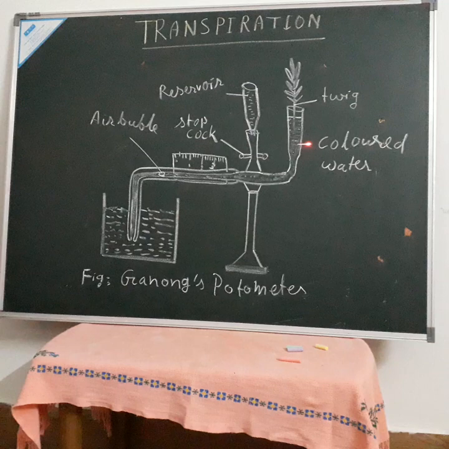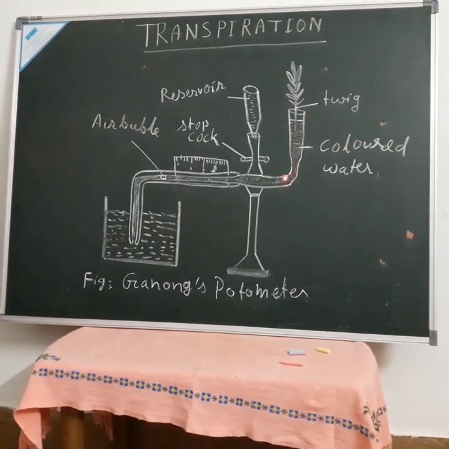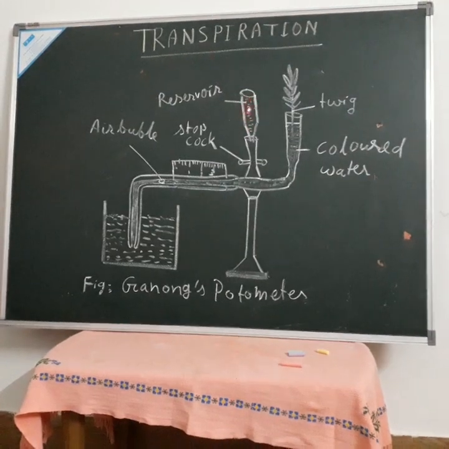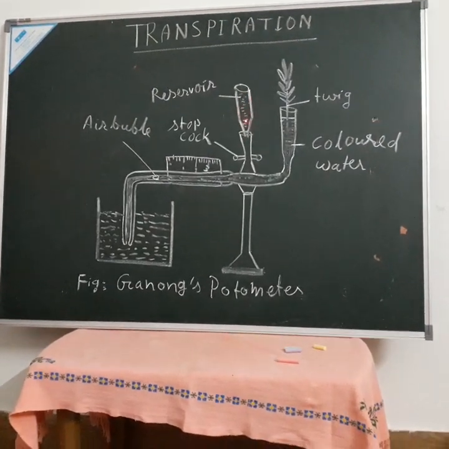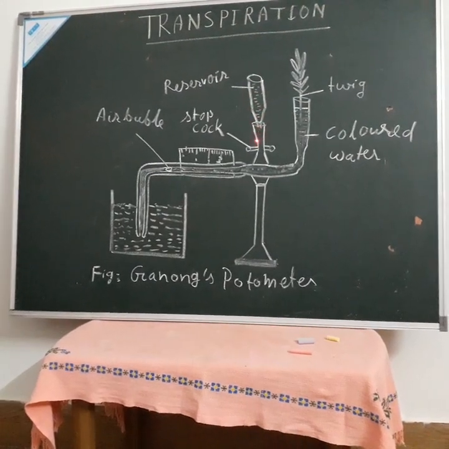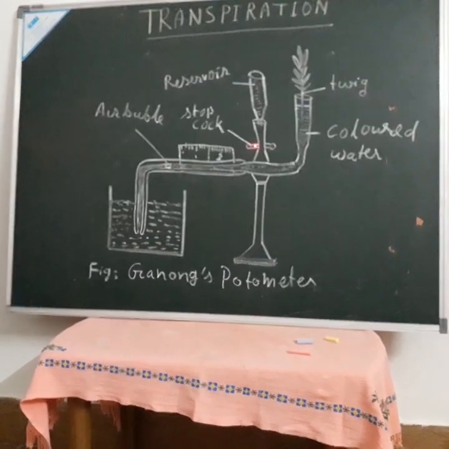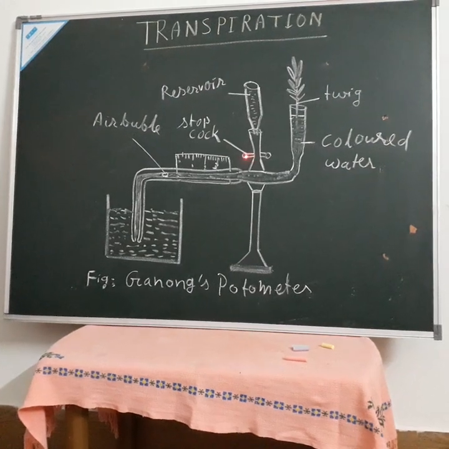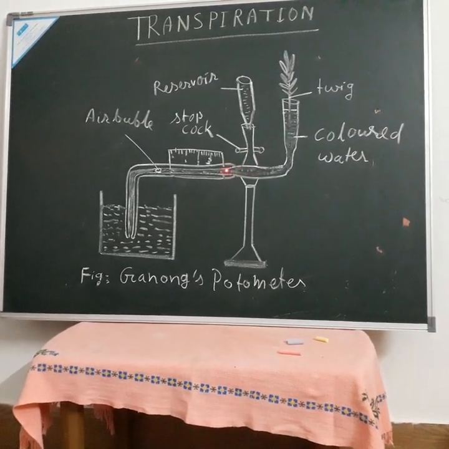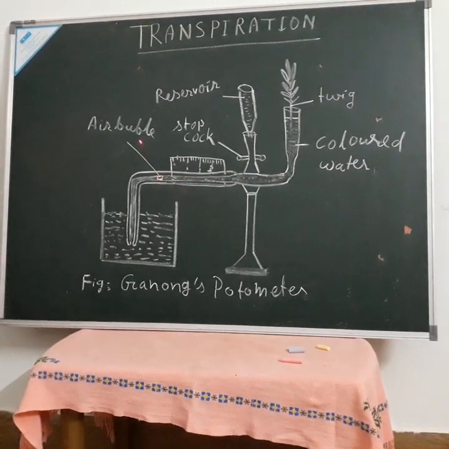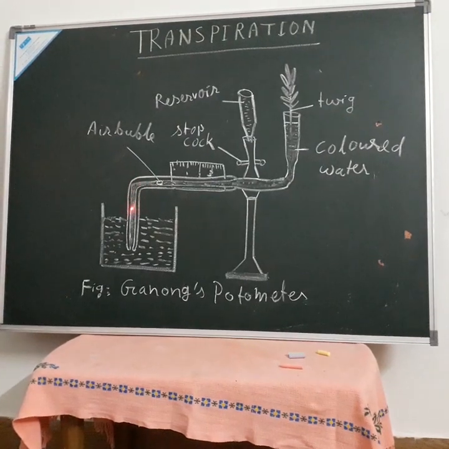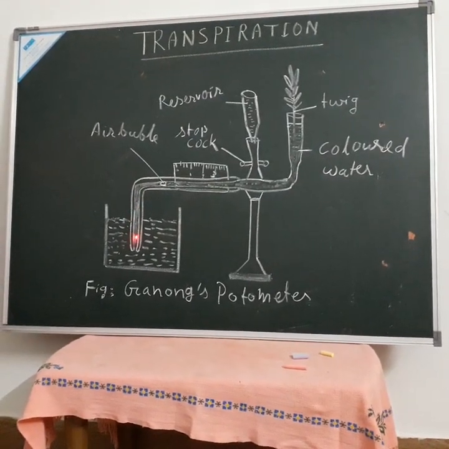Freshly cut twig is inserted here. And this is the colored water. Whole apparatus is filled with colored water. And you can see here a reservoir. When it is needed, from here a stop cork can be opened to put the water in this apparatus so that the air bubble can be brought back to its original place.